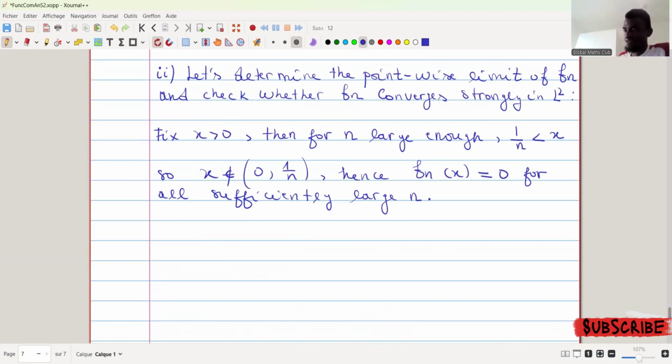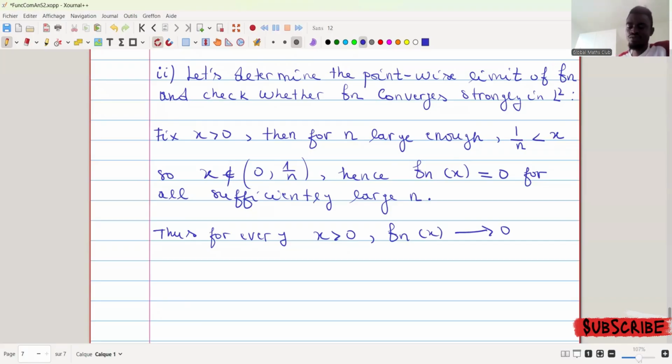So you can conclude that for every x greater than 0, the pointwise limit of this is 0.